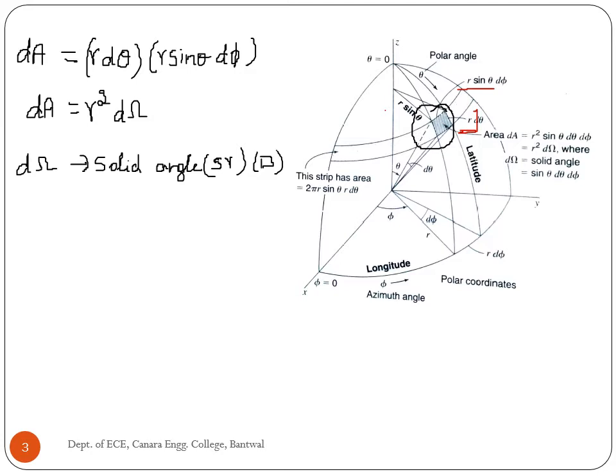The area of the strip of width r d theta extending around the sphere at a constant angle theta is given by 2 pi r sin theta into r d theta. Integrating this for theta values from 0 to pi yields the area of the sphere.